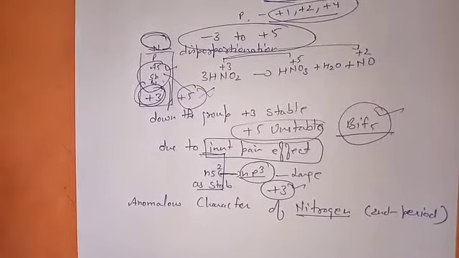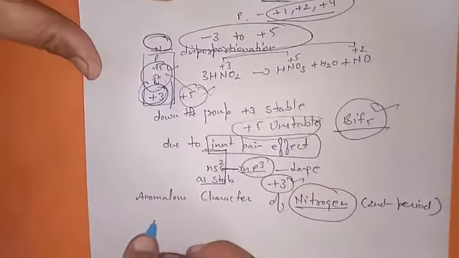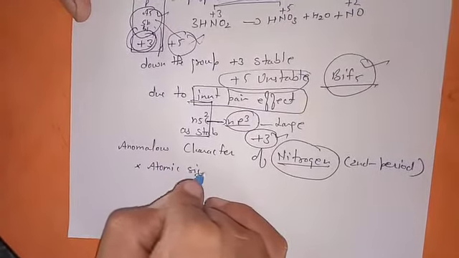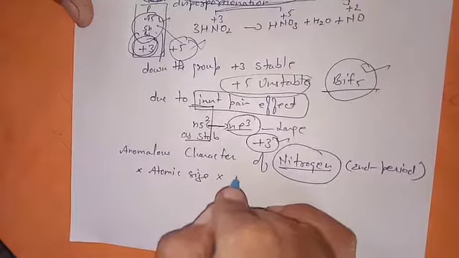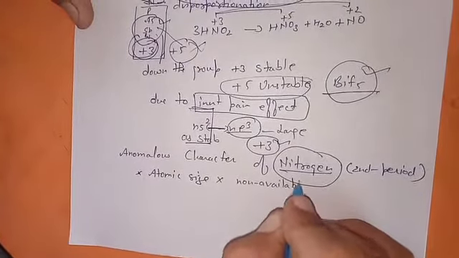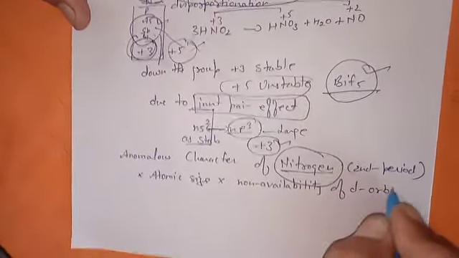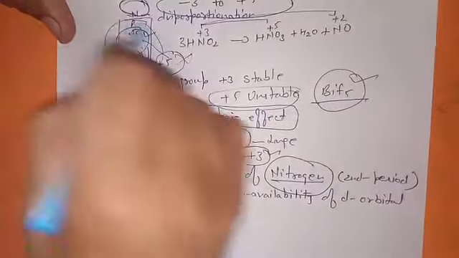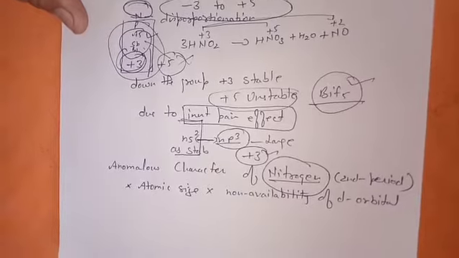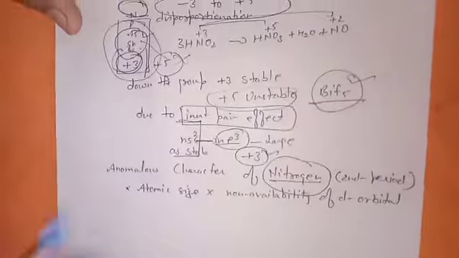Let's talk about it. There are various reasons which can account for the anomalous character of nitrogen. The first governing one is the atomic size. Second, non-availability of d orbitals, because all the rest of these elements have empty d orbitals present in them, but that is not the case for nitrogen.